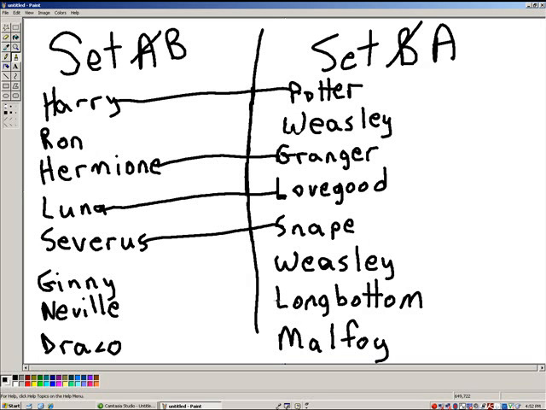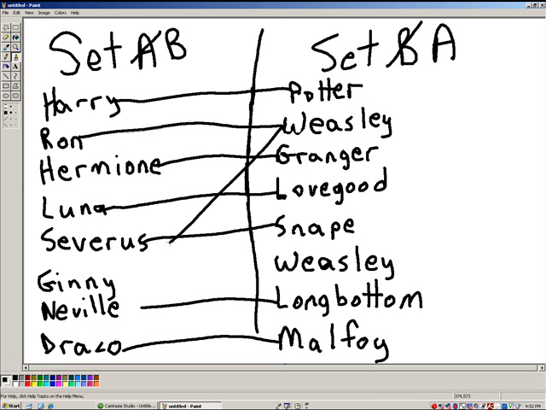Whose last name is Longbottom? Neville. Whose last name is Malfoy? Draco. But when we get to asking whose last name is Weasley, now we don't have just one possible answer. We have Ron or Ginny. That makes it no longer a function.